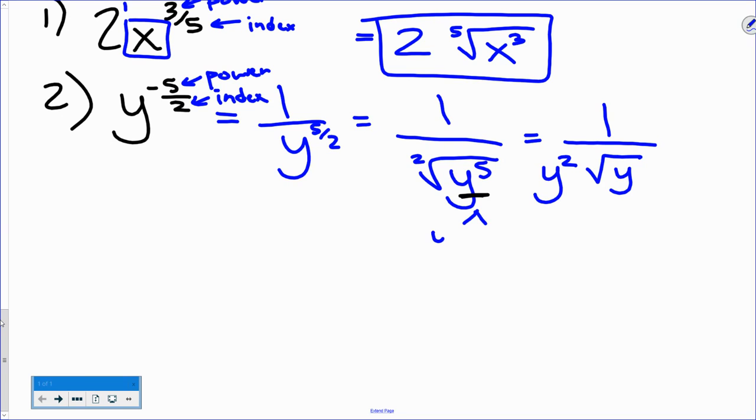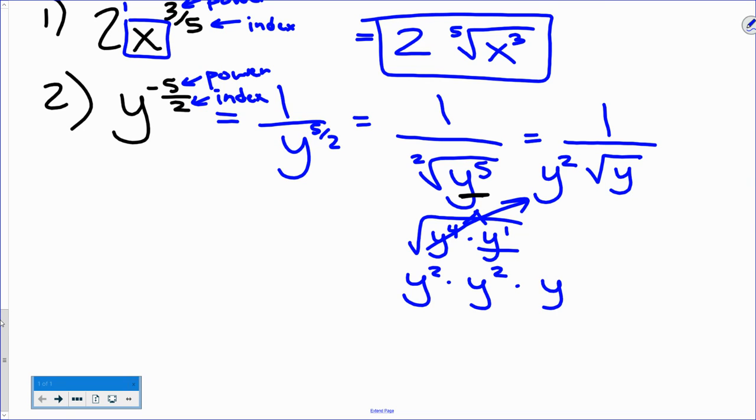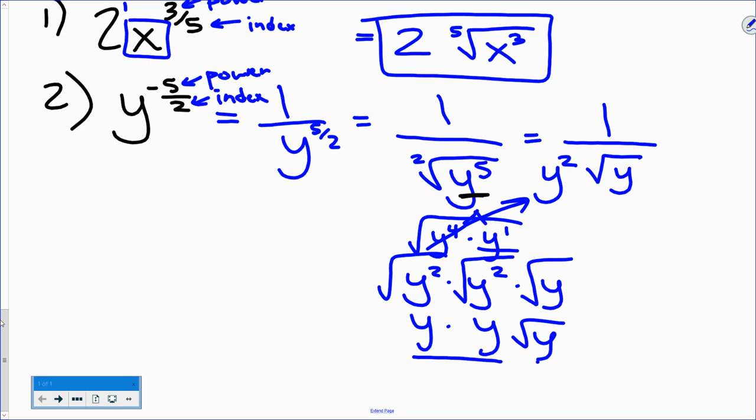You could also break this into y to the 4th times y. If I take the square root of y to the 4th, I get y to the 2nd, and I leave y inside. Or we could write y squared times y squared times y. Square root of y squared is y. Square root of this y squared is y. I have to leave that y. There's my y squared and y.